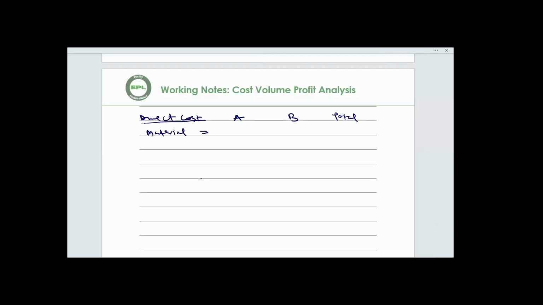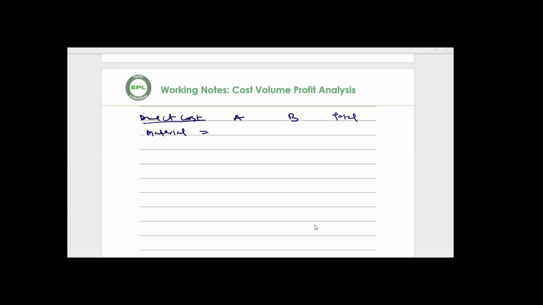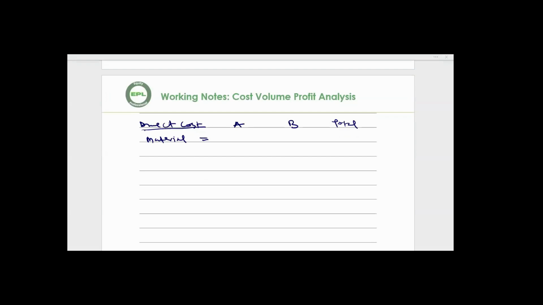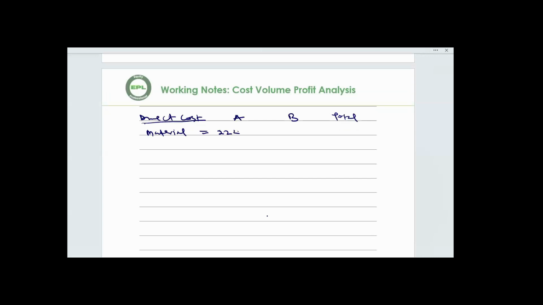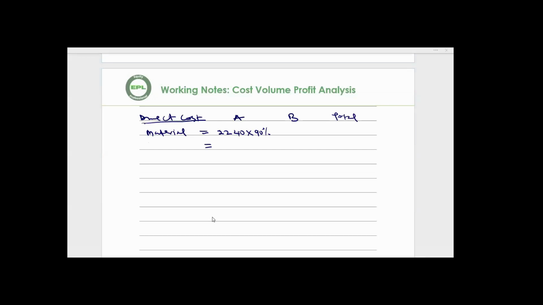For product A, what is the current material cost? The current material cost of product A is 2,240, and you are now told that material cost will drop by 10%. So if the material falls by 10%, that means you are supposed to account for 90% for A. So 2,240 multiplied by 90%. What do you have there? That will be 2,240 multiplied by 0.9.